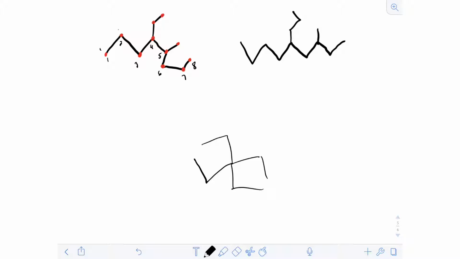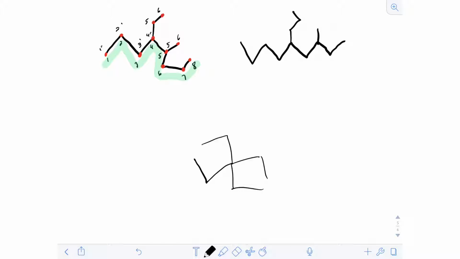And then we got 1, 2, 3, 4, 5, 6. Or you could do 1, 2, 3, 4, 5, 6. So then we know that this count here on the bottom gives us our parent chain because it's the longest chain.